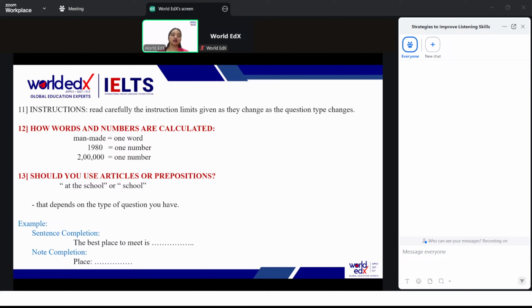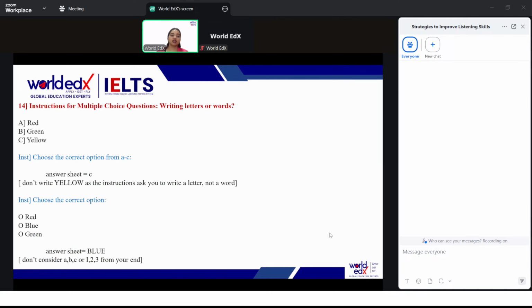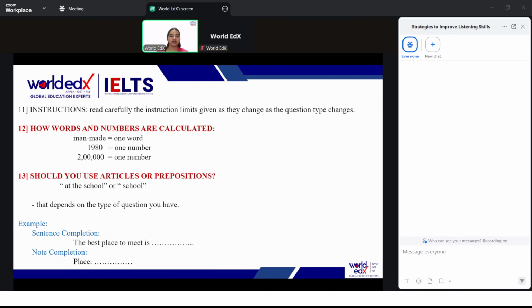The next is should you use articles or prepositions? Well, this will differ depending on the question and the structure of the question. Let's say the question is, the best place to meet is dash, in note completion. You have a question like place, and then the instruction says only write one word.